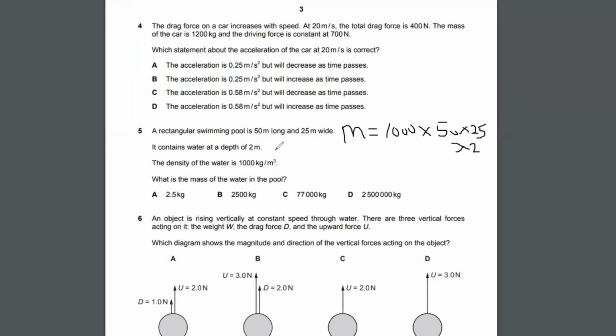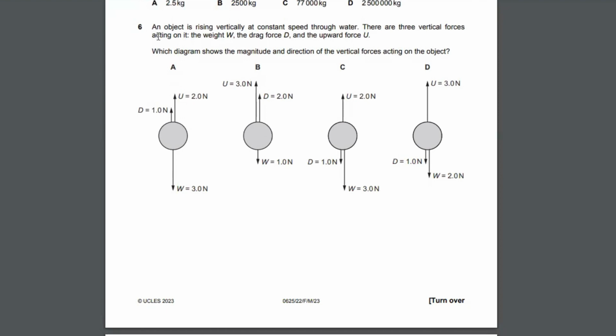So 1000 times 50 times 25 times 2. It comes out to be 2.5 million. So it is about 2.5 million kilograms. Answer is D. Next question is, an object is rising vertically at constant speed through water.